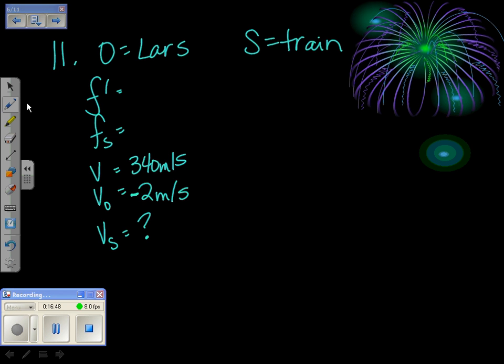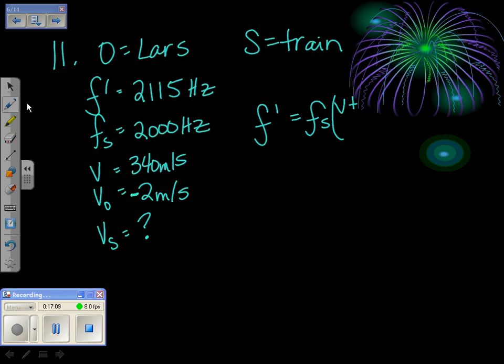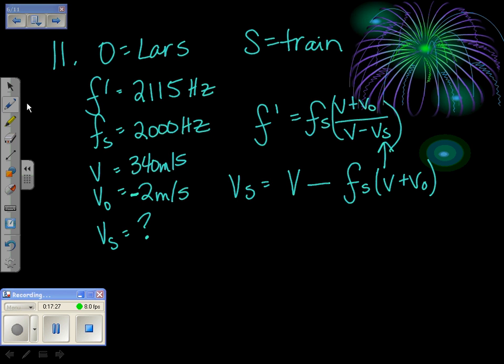And then we know that he hears it at 2115 hertz, and we know that it actually blows at 2000 hertz. I know this: F prime equals Fs times V plus V naught over V minus Vs. We want to solve for this, and remember, that's the formula: Vs equals V minus Fs times V plus V naught over F prime.